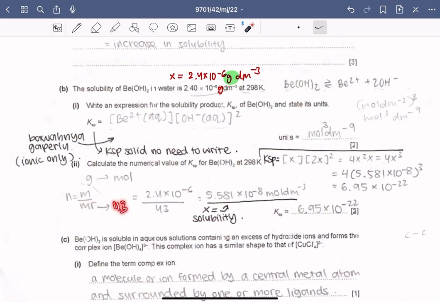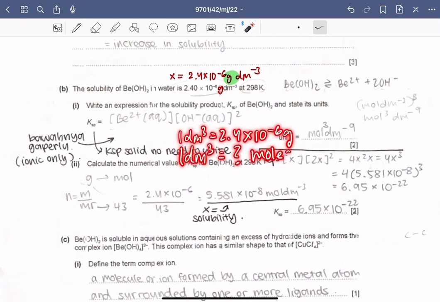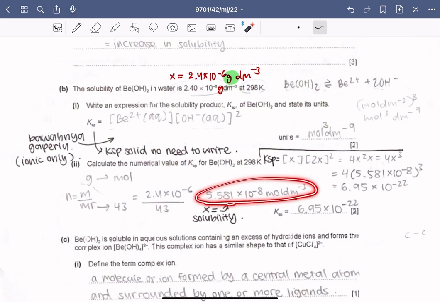This is assumed to be in 1 dm cube. There is 2.4 times 10 power negative 6 grams of Be(OH)2 in 1 dm cube, so how many moles is that? You divide this by the Mr to form 5.581 times 10 power negative 8 mole per dm cube. So this is assumed to be the new value of x, or the solubility.